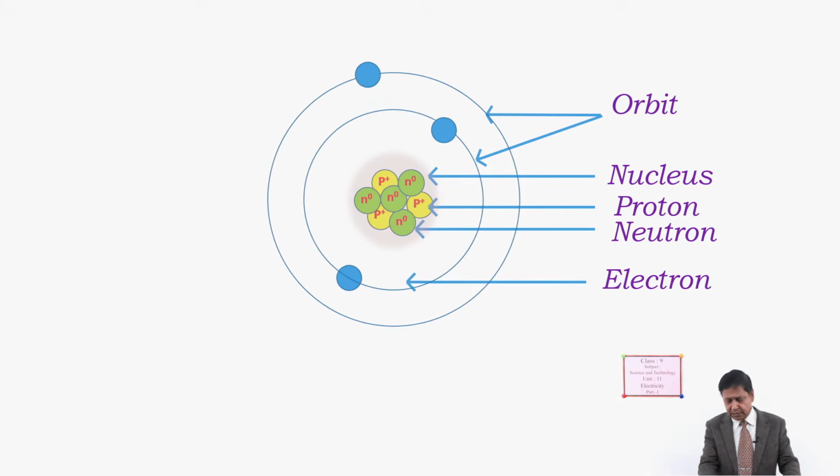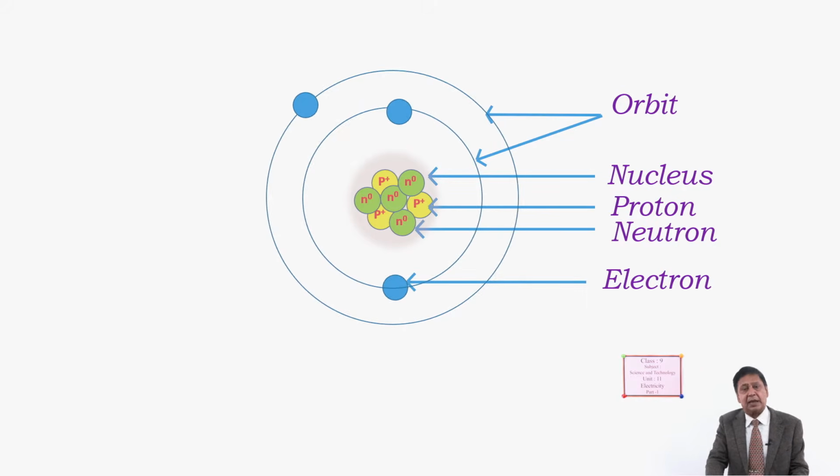But by any process, look at the screen, if an atom loses some electrons, in this case, let's say one of the electrons is lost, then what happens? Now, the number of electrons is 2 and the number of protons is 3. It means the number of protons is more than the number of electrons. That's why the amount of positive charge is more than the amount of negative charge.